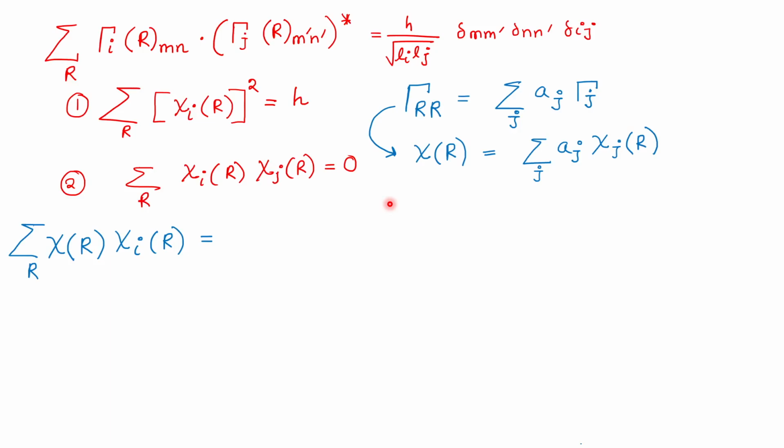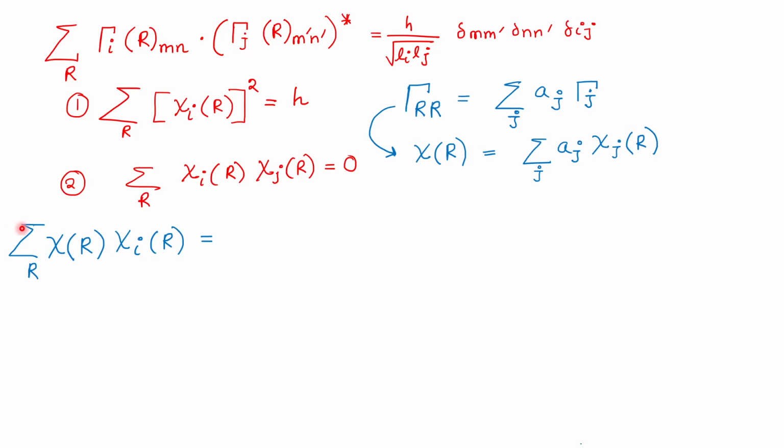It can be only an integer starting from 0 to n. Now think of a particular symmetry operation and the character of the transformation matrix of that. Can we write the next line? The character of R is the sum over j of aj times the character of R in the jth irreducible representation. Okay, so I can write this.